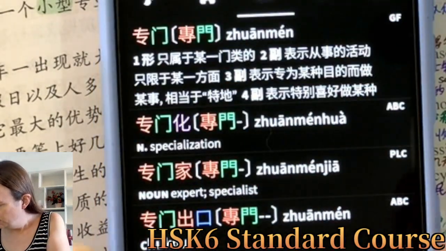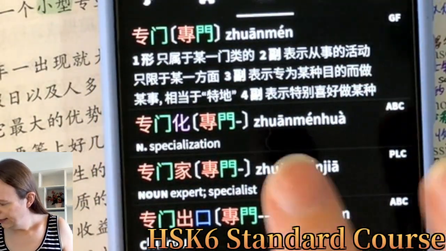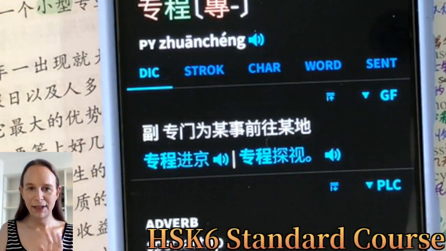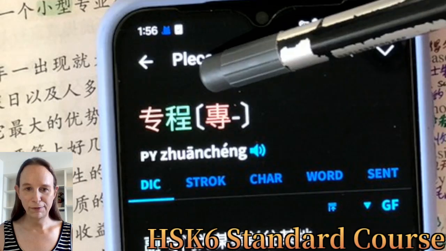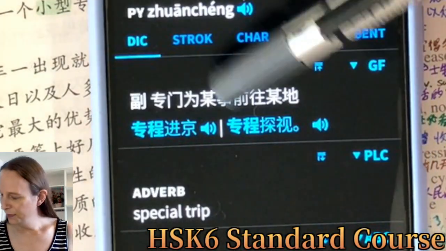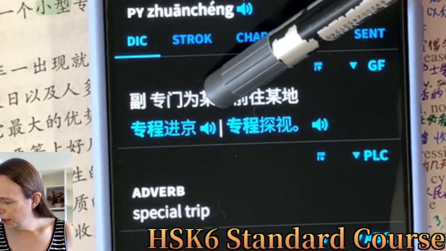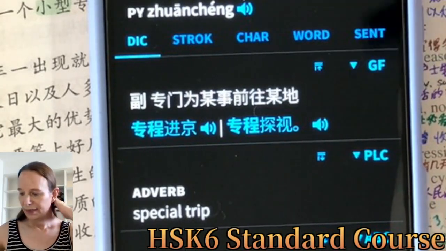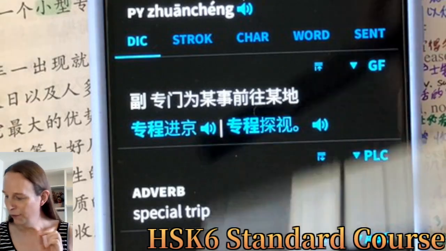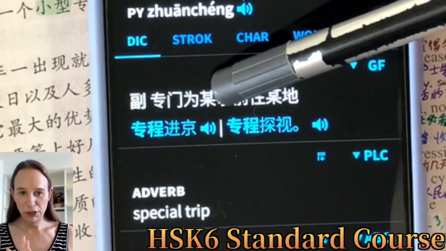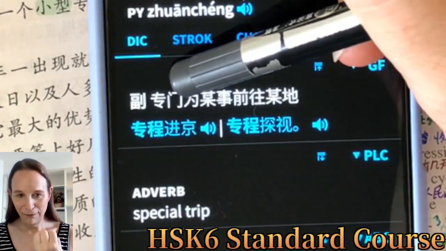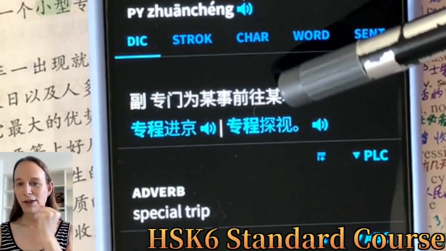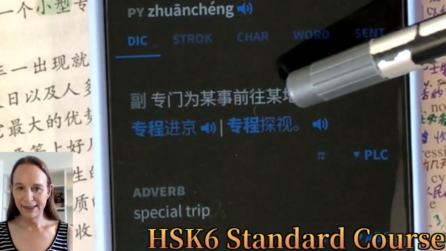Okay. 专程. Kind of a similar concept, but the 程 implies some sort of travel, right? 专门为某事前往某地. So you for some 某事 some matter, and for that matter alone, you have gone to some place.